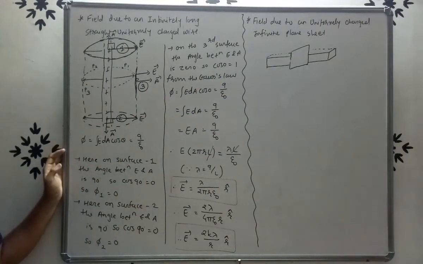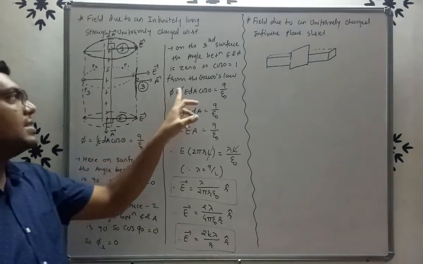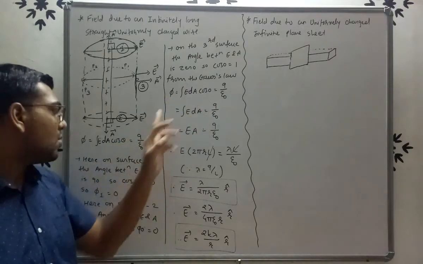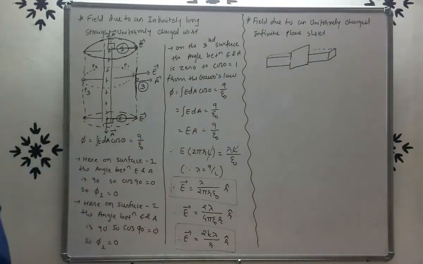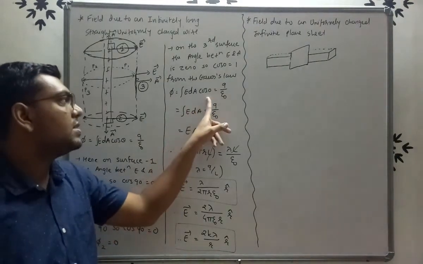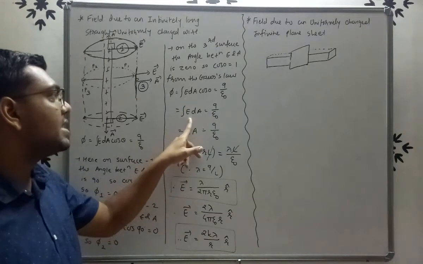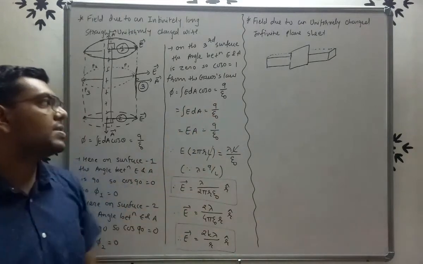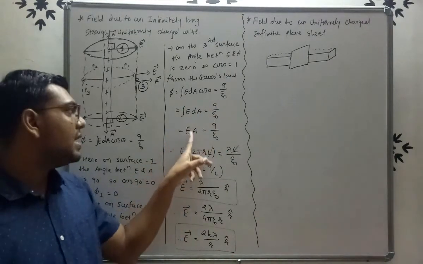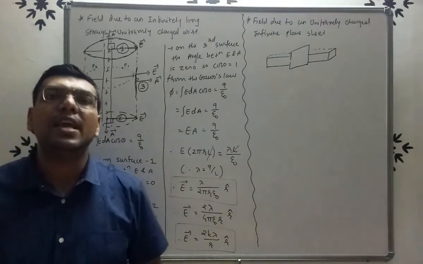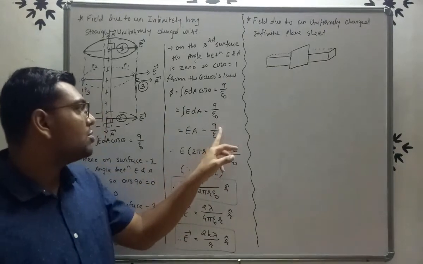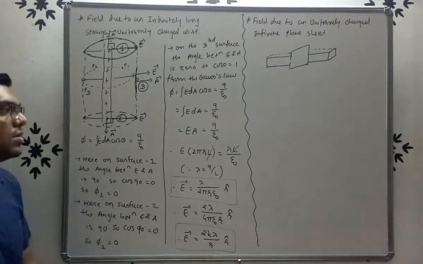So from the Gauss law, phi is equal to integration E dA cos theta, but the value of theta is 0, is equal to q by epsilon 0. The value of cos 0 is 1. So we get integration E dA is equal to q by epsilon 0. E as it is, integration of dA gives A, the total area, is equal to q by epsilon 0.